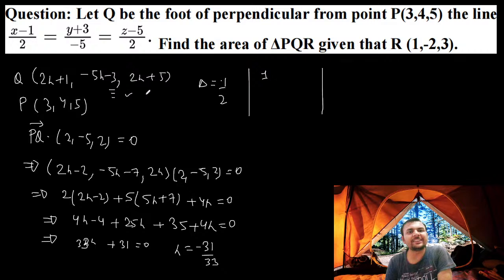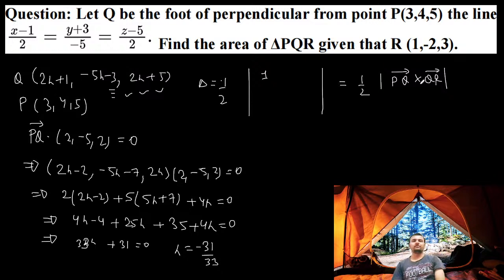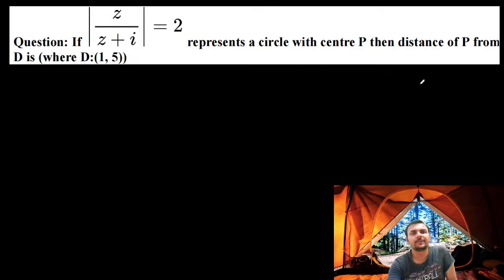So we'll have half of PQ vector cross QR vector. This is the area. You know P, you know Q, you know R. So this is the way you have to solve.